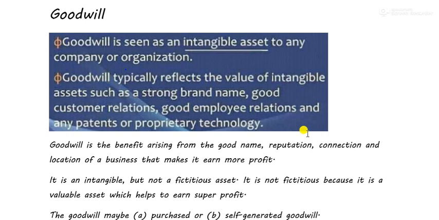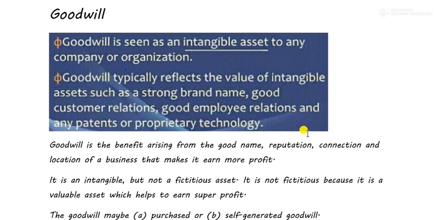For example, if you are taking a franchisee from Arsalan, Arsalan is a very good food hotel chain. So if you are taking a franchisee from Arsalan, it will not only take the money for the products that you purchase from him, Arsalan will also take the money for purchasing its name.